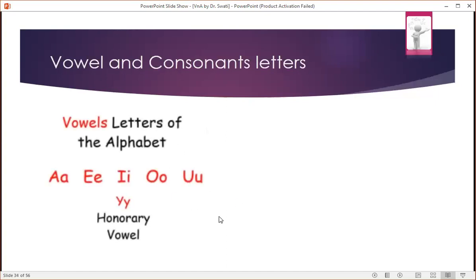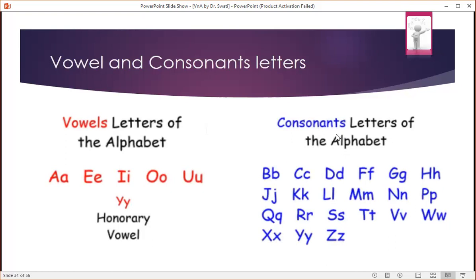So hope you remember the vowel letters, and now the rest are the consonant letters of the alphabet. So you can see the remaining: B, C, D, F, G, H, J, K, L, M, N, P, Q, R, S, T, V, W, X, Y, Z.